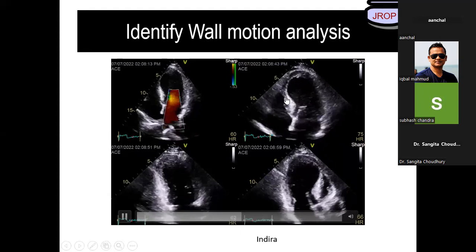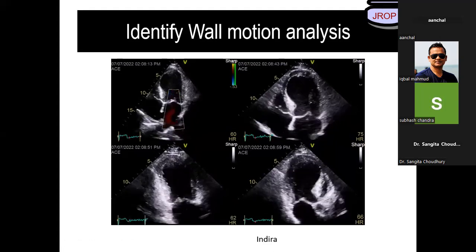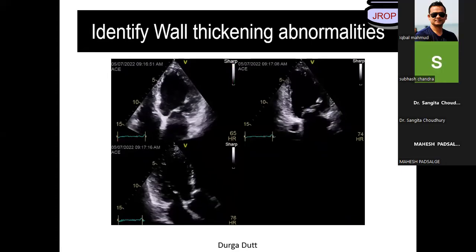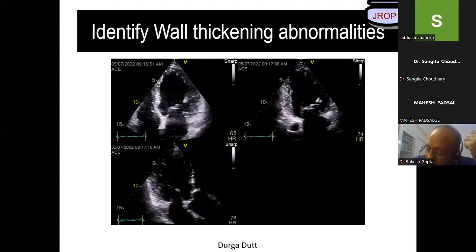I'll take it for granted that's a good answer. That's akinetic, I don't deny it. But at one time I'll have to think over that: could this be aneurysmal, or is it a true aneurysm? Great. Sir, could it also be a tethering effect, sir? No.